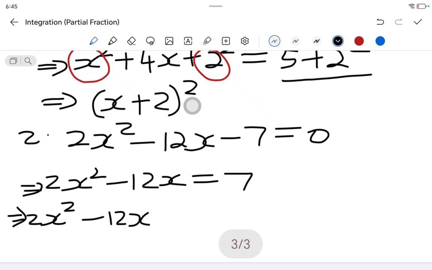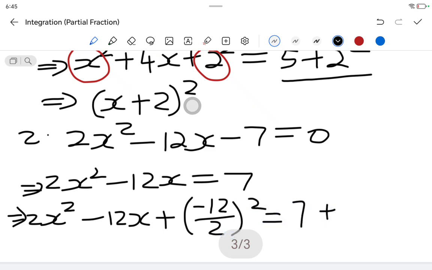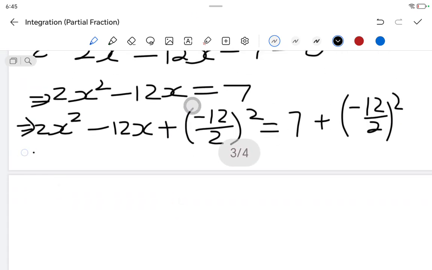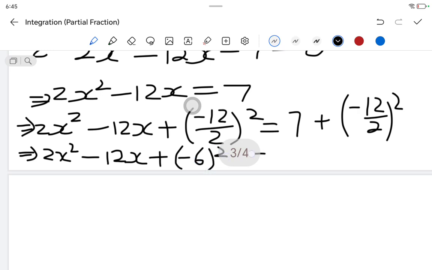Both sides I'm going to add minus 12 over 2 all squared. Right? And then this will just be 2x squared minus 12x plus, this is minus 6 squared, 7 plus minus 6 squared.